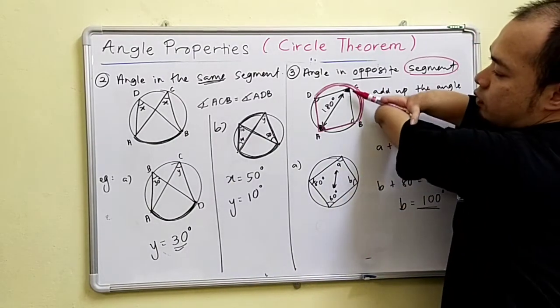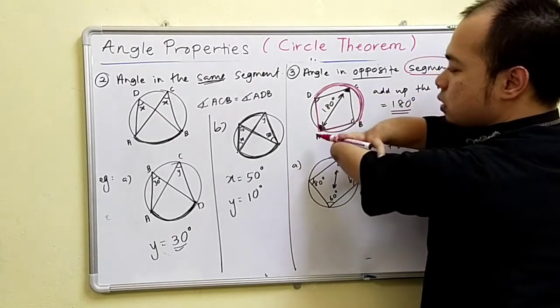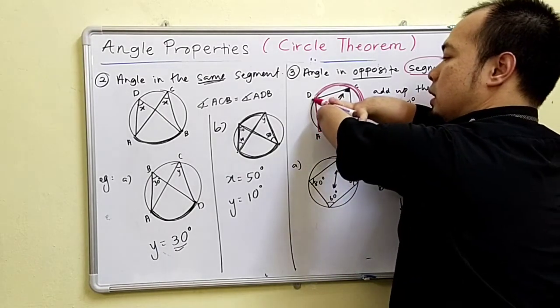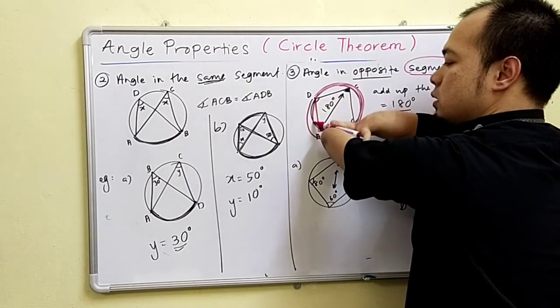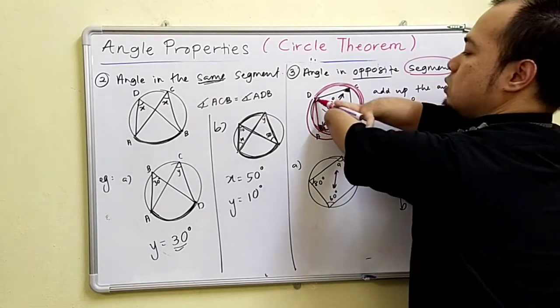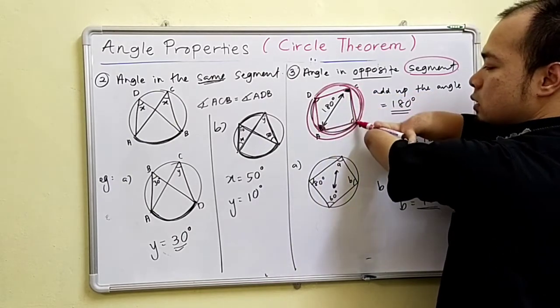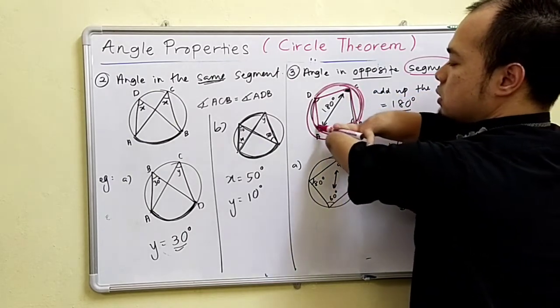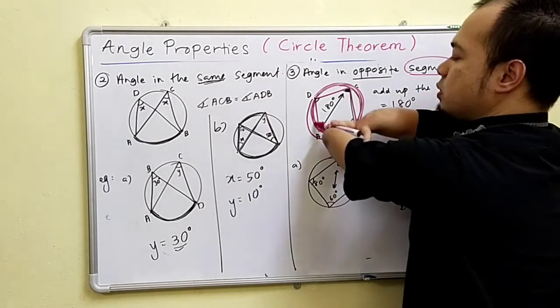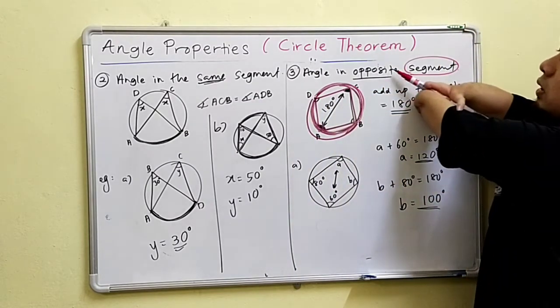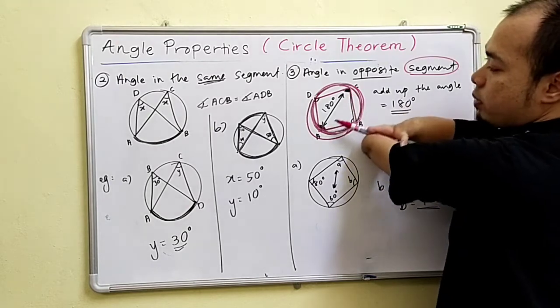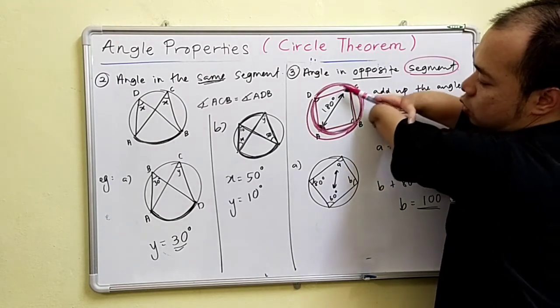Where is the segment for angle C? The opposite way, meaning another side. Over here, this side. So it goes to angle C. You notice? This is the opposite segment to this one. So that's why they say opposite segment. It looks like opposite angle, right? But actually it is opposite segment.